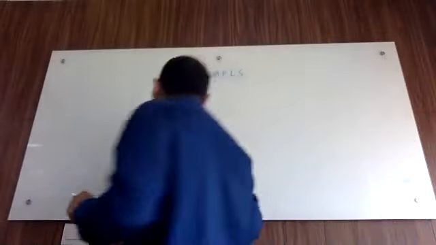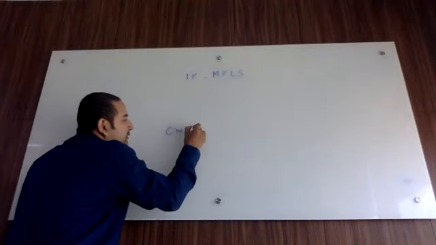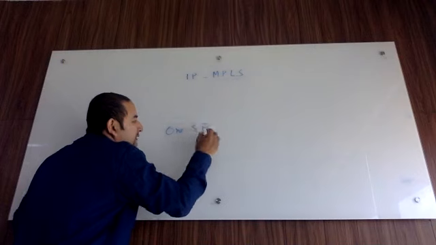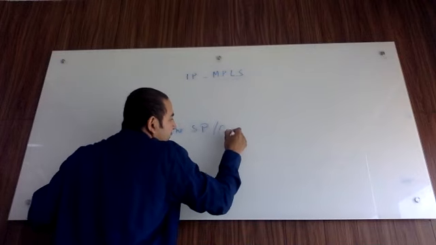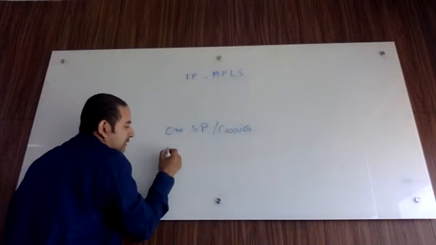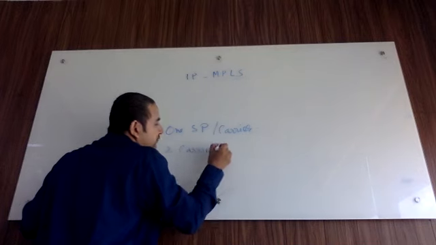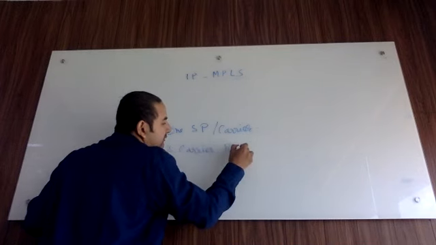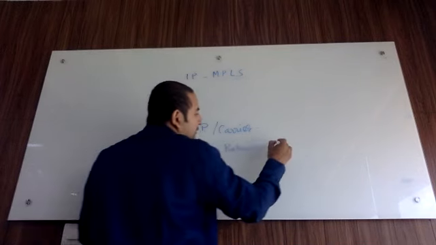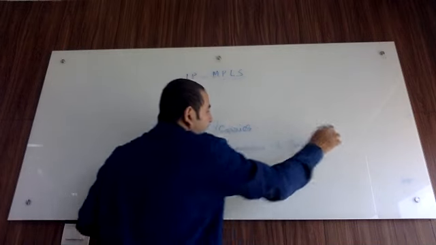There could be one service provider or carrier. There could be two carriers between two customers. How can this happen?